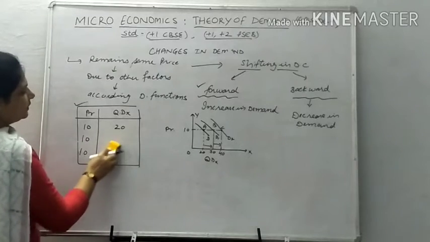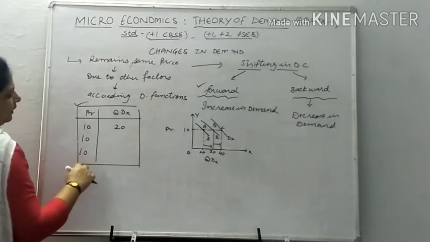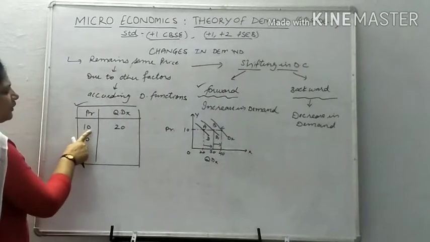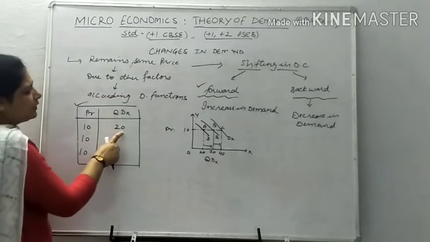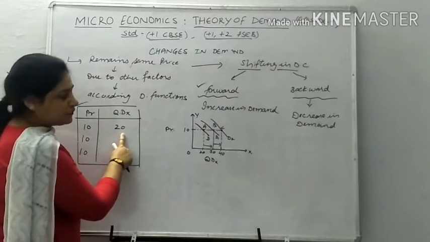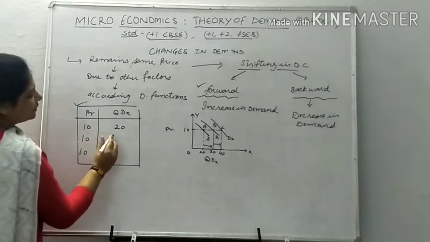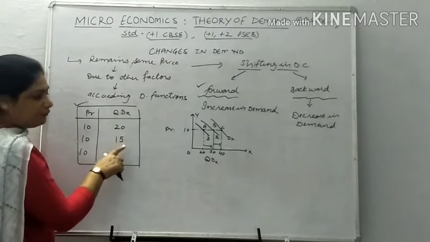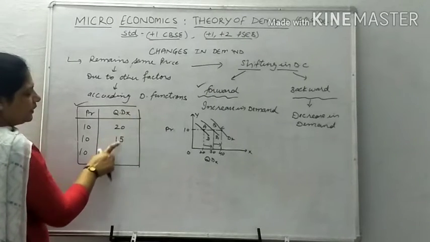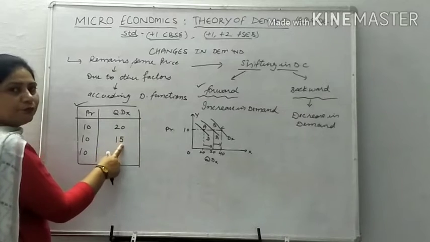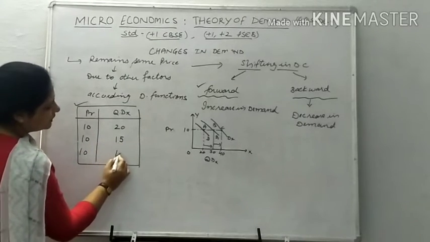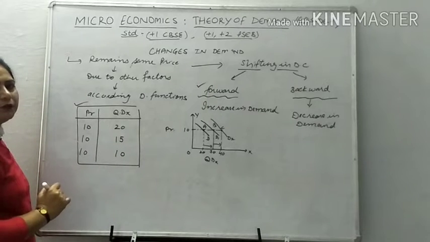Suppose students, the same example in accordance with this decrease in demand. Suppose at rupees 10, consumer is demanding 20 units. At the same price, consumer decreases its quantity demanded of good X from 20 units to 15 units, and at the same price consumer is taking only 10 units.